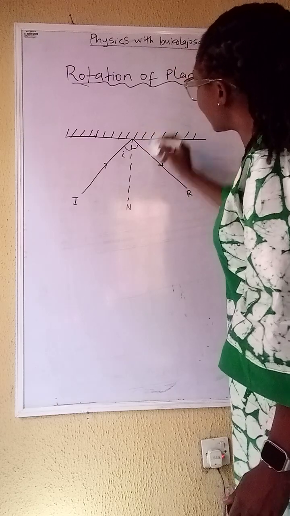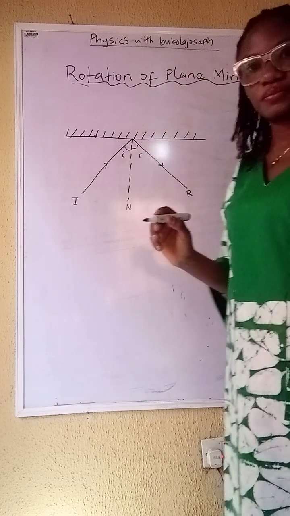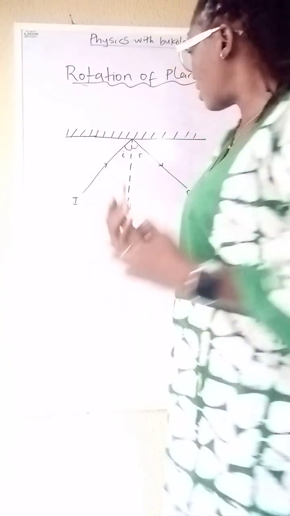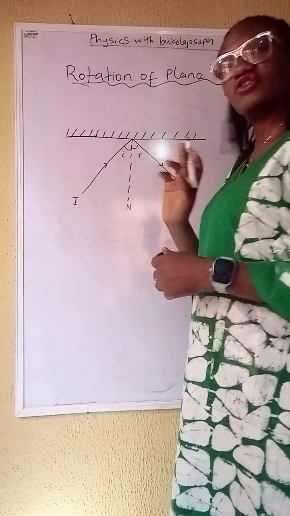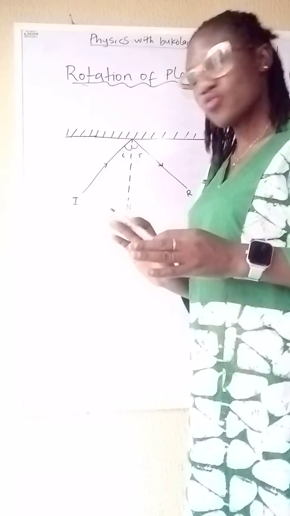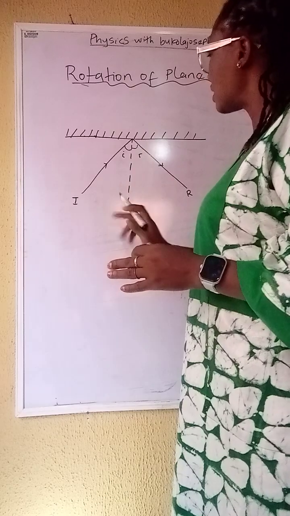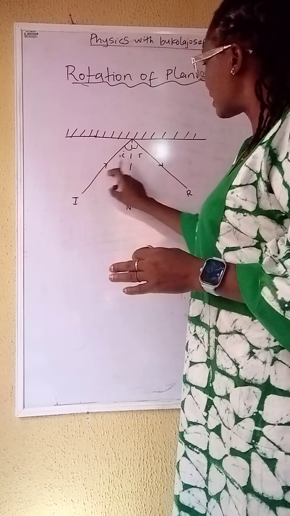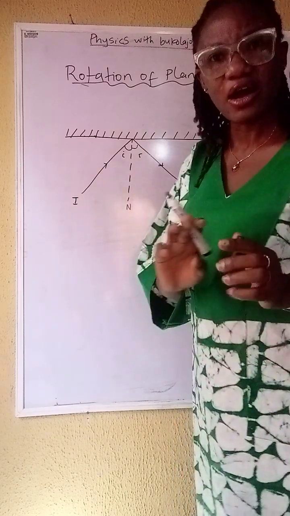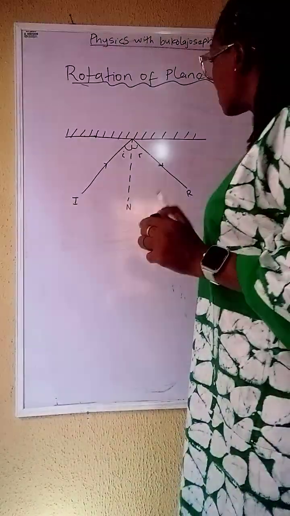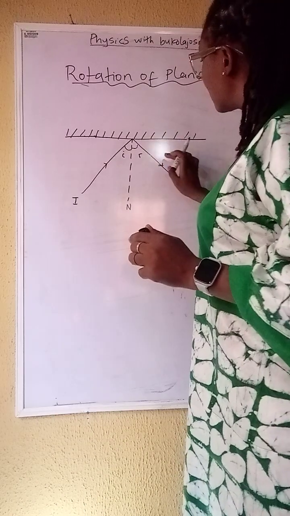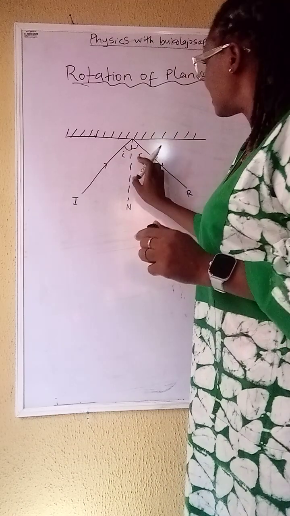This one is the angle of reflection. You remember that the angle of incidence is the angle between the incident ray and the normal, while the angle of reflection is the angle between the reflected ray and the normal.